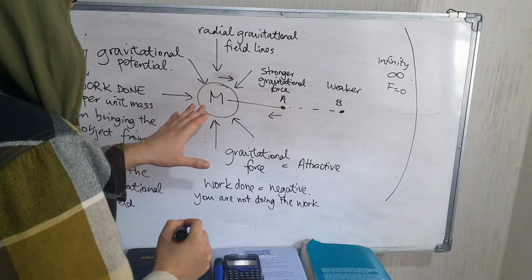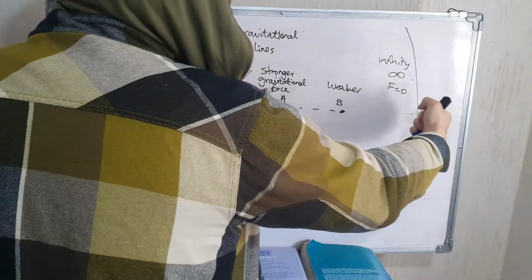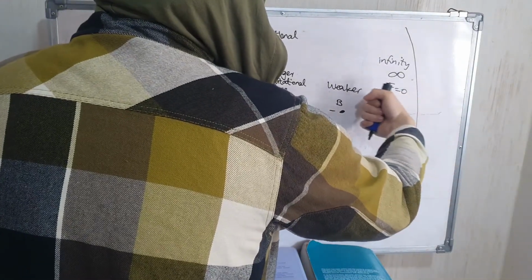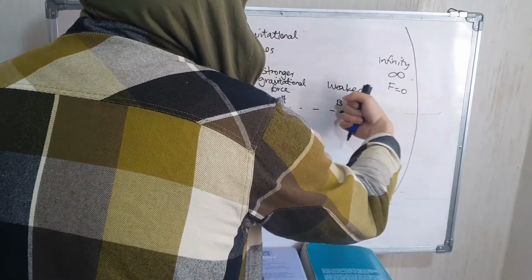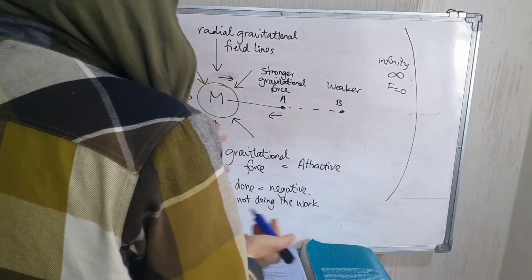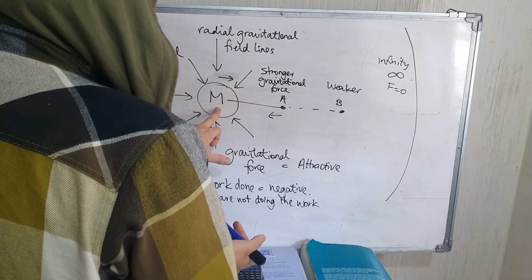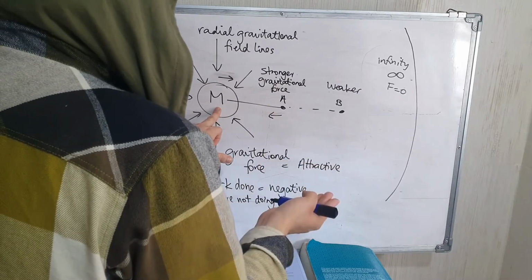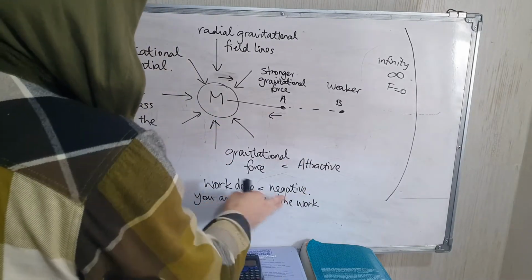Naturally, because it is attractive, by bringing the two objects closer together, you don't need to put in extra work, because the gravitational field is naturally attractive. So that's why it is negative work.